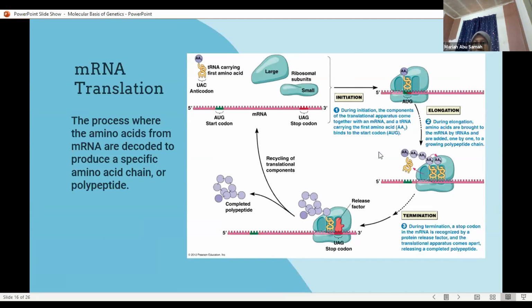During elongation, the amino acids are brought to the mRNA by tRNA and are added one by one to a growing polypeptide chain. During termination, a stop codon in the mRNA is recognized by a protein release factor, and the translational apparatus comes apart, releasing a completed polypeptide. The translational apparatus here is the ribosomal subunits.